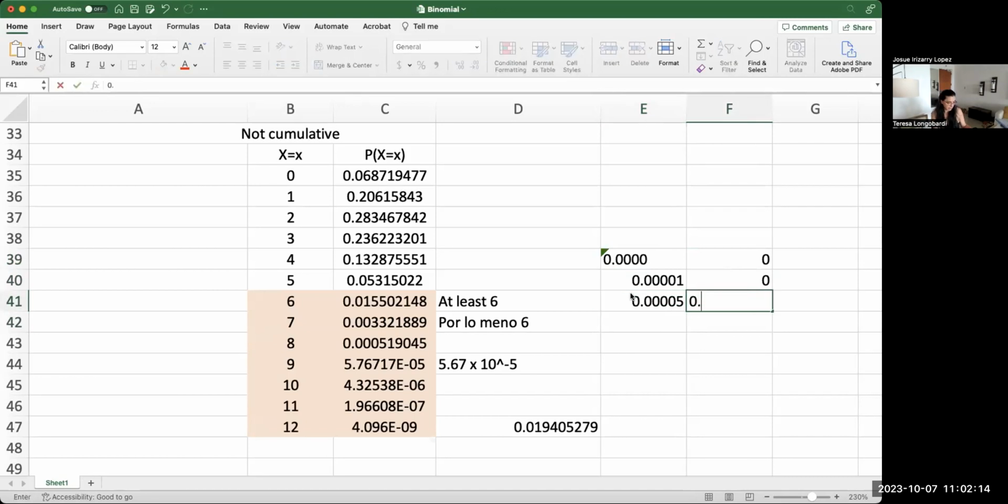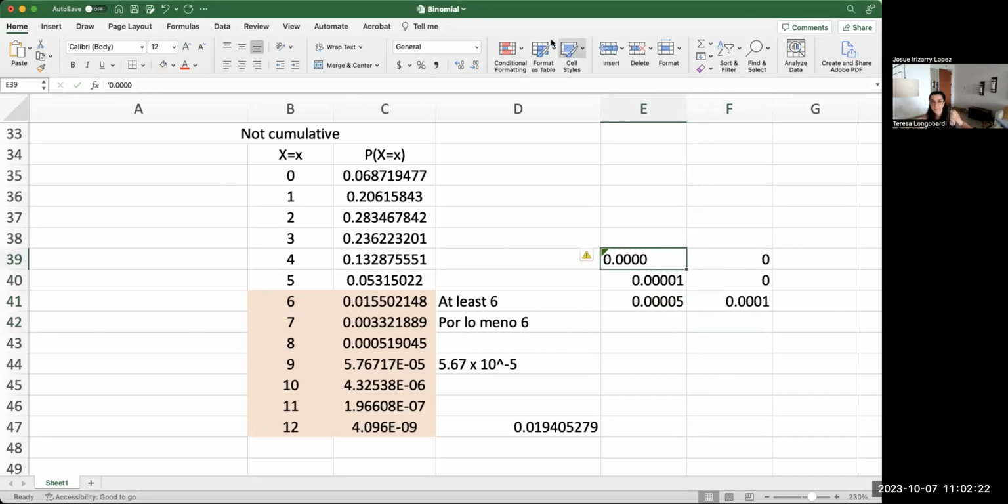It will round to 0.0001. So if we do this manually, we cannot get the number, right? This one, yeah, you could get it. You'll come like that. But this is just like a 0.